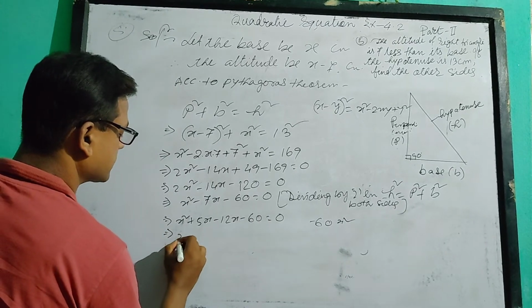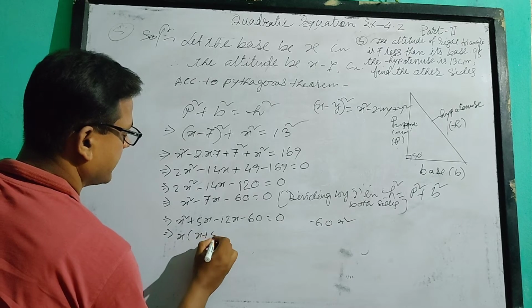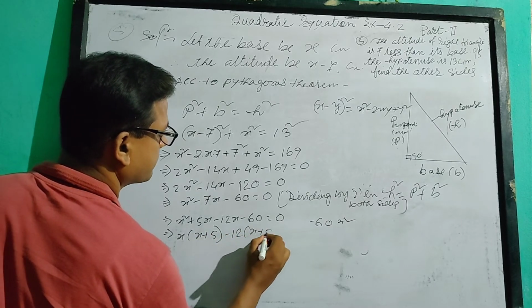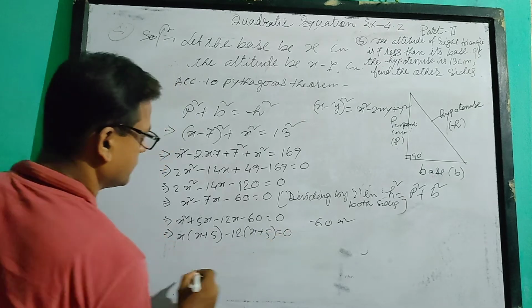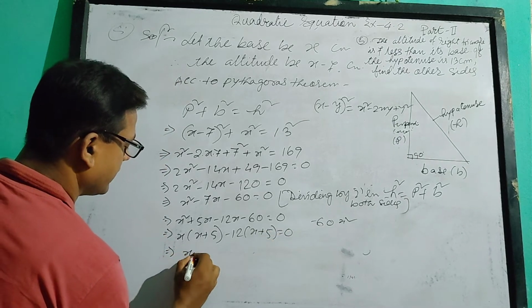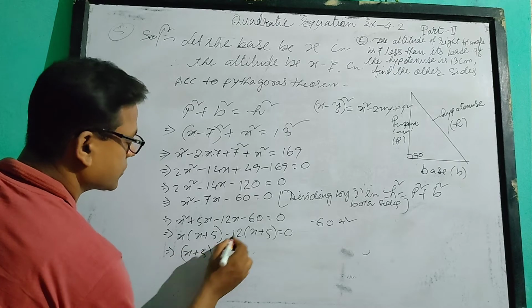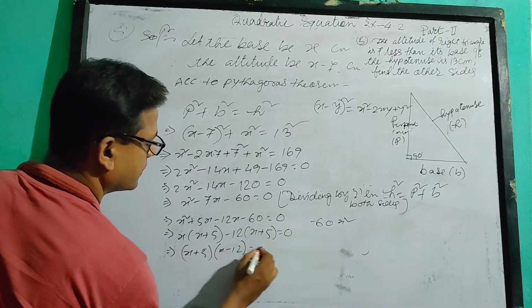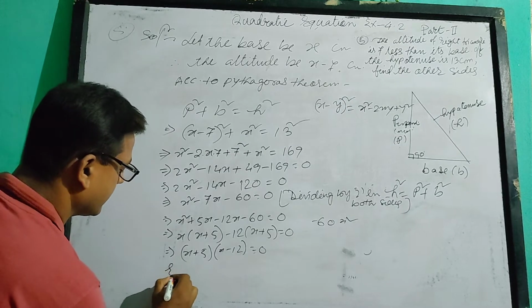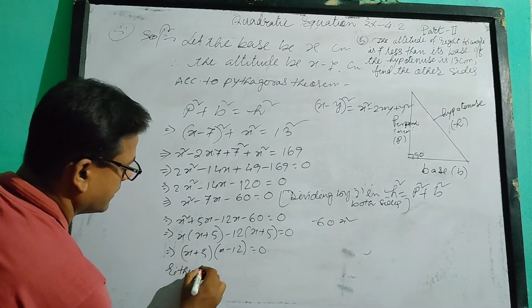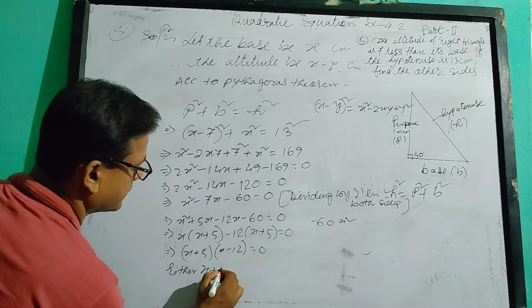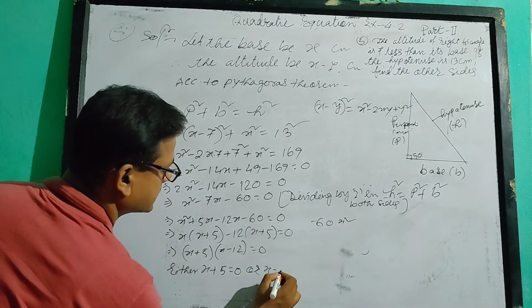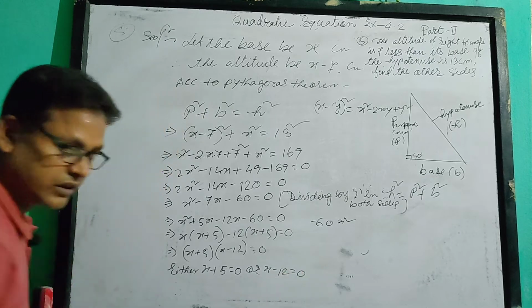Then x common: x plus 5, minus 12 common: x plus 5 is equal to 0. Here x plus 5 is common, then x minus 12 is equal to 0. Therefore either x plus 5 is equal to 0 or x minus 12 is equal to 0.